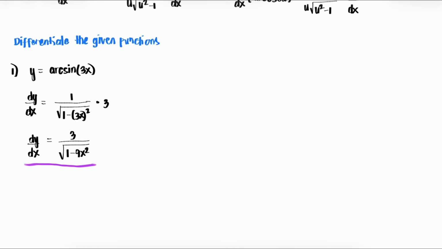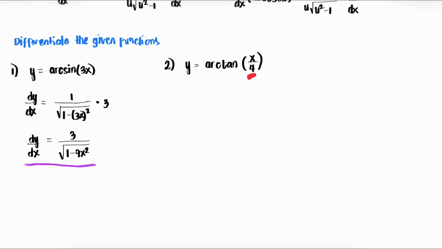Okay, let's have another example. We are trying to find the derivative of y equals arc tangent of x over 4. So this time our u is x over 4.